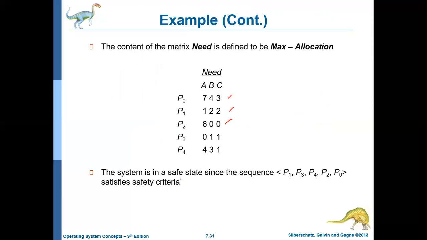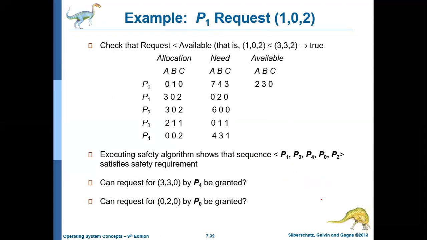Yes, this is a safe state because there exists a safe sequence: P1, P3, P4, P2, P0. If they execute in this order, then the resource requests of all the processes can be satisfied. So currently the system is in a safe state.